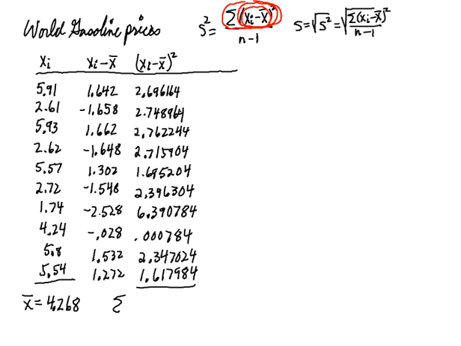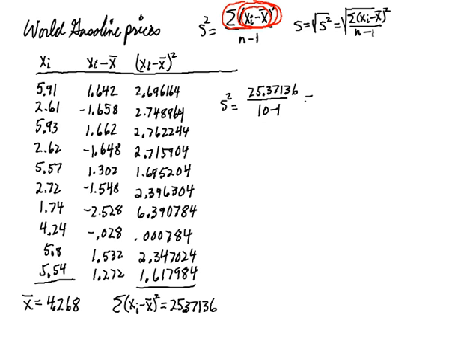So that's the sum of the square differences, adding all the values in this column together, which by the way are all positive because we squared, 25.37136. And that becomes the numerator in our formula. So we'll put 25.37136 divided by 10 minus 1, or 9.